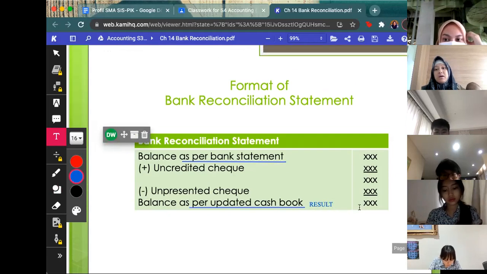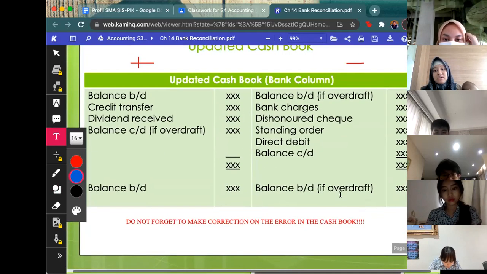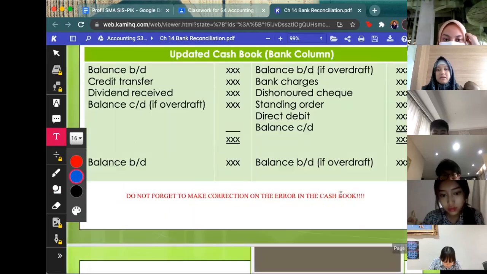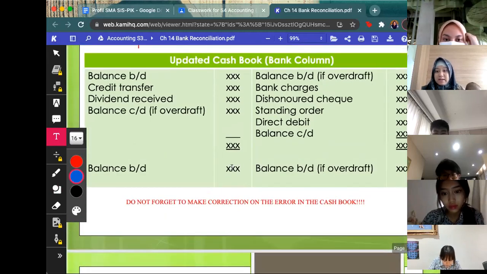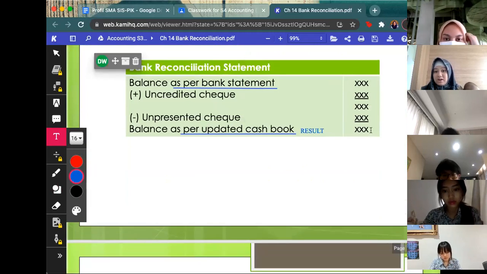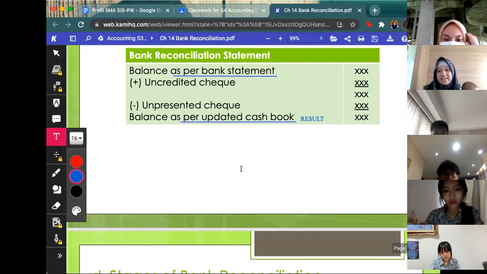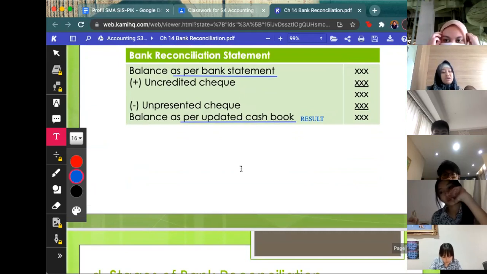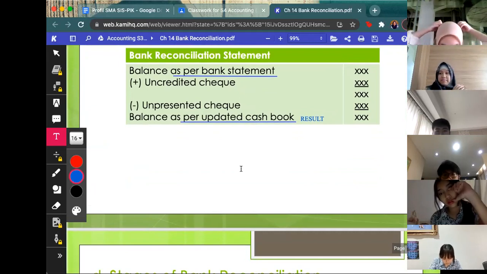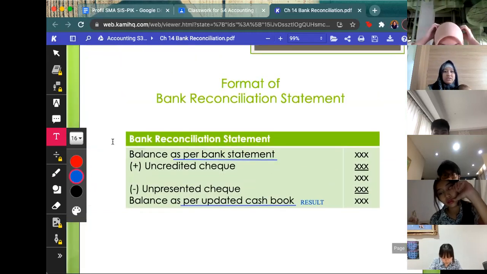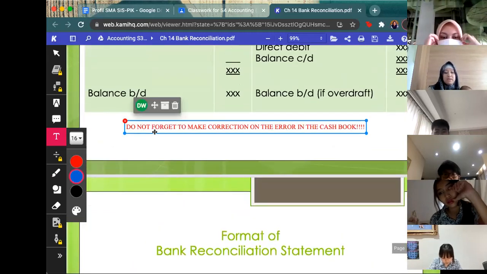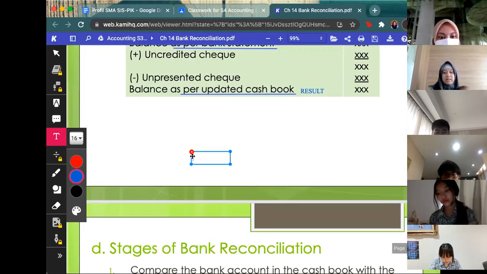Okay, so how do you know that what you made here is correct? What you get in here as the balance and what you get in here must be the same. If your result here and your result here are not the same, it means you made mistakes. That's how you know whether your corrections are correct or not. Clear, yeah? Also, do not forget to make corrections as well.